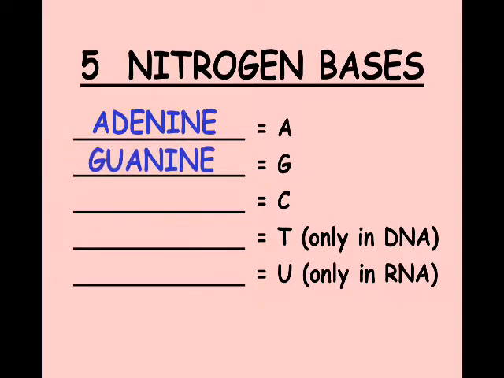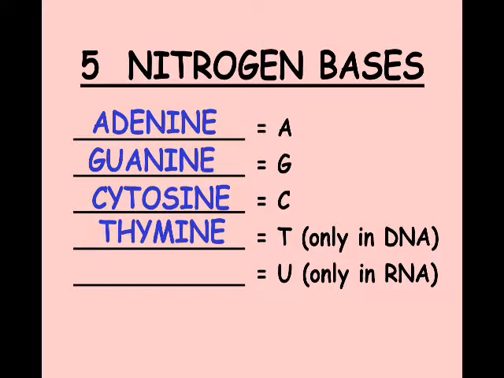G for guanine, C for cytosine, T for thymine, U for uracil. Notice all of those end in -ine, I-N-E, except the uracil. And notice also both DNA and RNA contain these A's, G's, and C's, these nitrogen bases, but thymine, the T one, is only found in DNA, and uracil, the U, is only found in RNA.